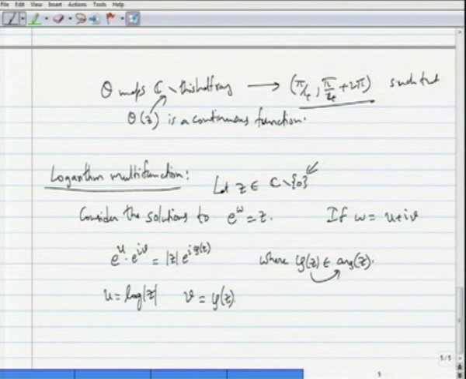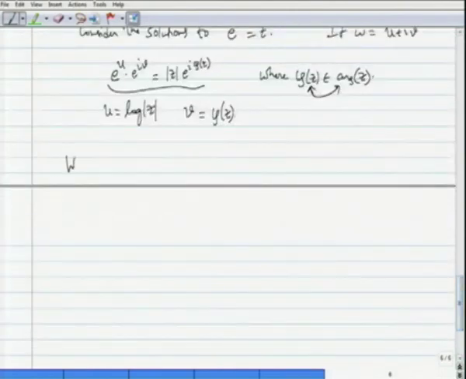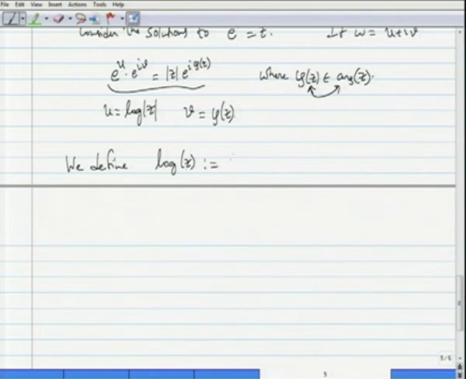So, any value here can be entertained to be phi of z, and then v with that will satisfy this equation. So, we define the logarithm of a non-zero complex number z to be the logarithm of the modulus of z plus i times theta, where theta belongs to the argument of z.